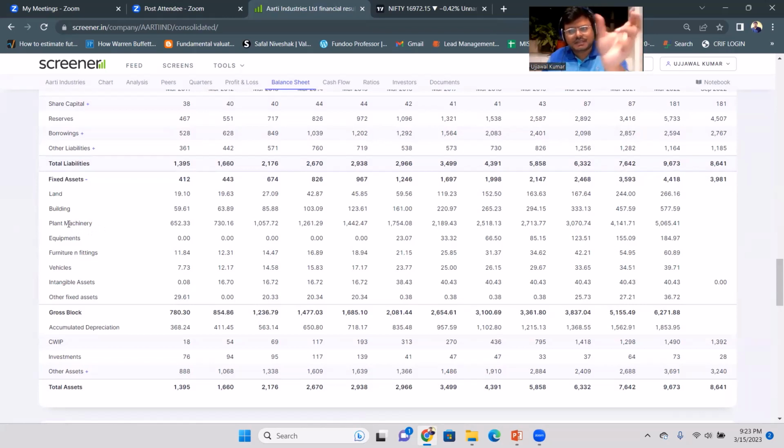So fixed assets plus right of use assets will be clubbed together, and depreciation for the fixed assets and depreciation for the right of use assets will be clubbed together. That's how the final number will be arrived at. So here you won't be able to get the breakup, and to be honest, it's not required also, right? I wouldn't worry too much about the ROU thing.